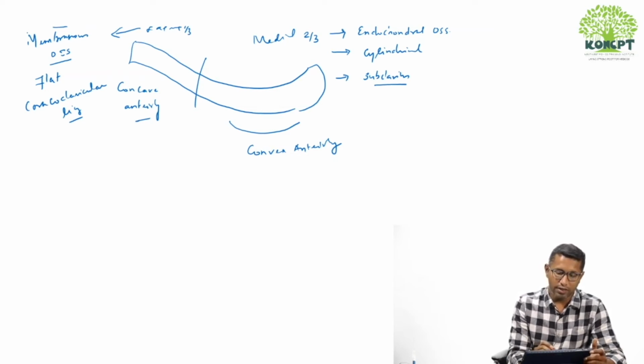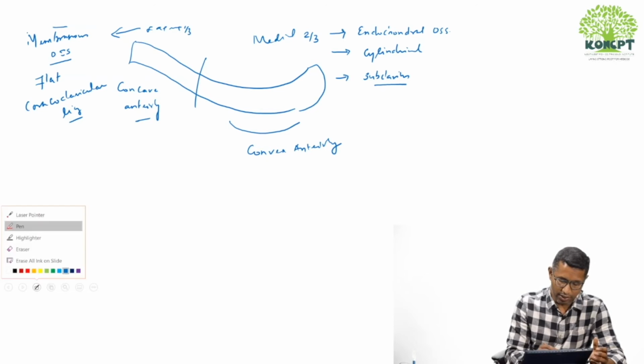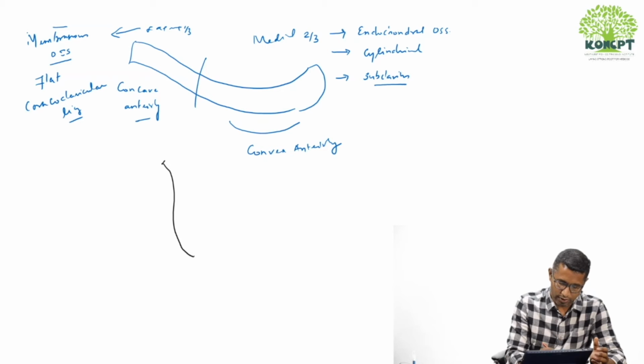And if you look at the clavicle from a superior view, you will have an image like this. This is a superior view of the clavicle. This is the lateral end and this is the medial end.